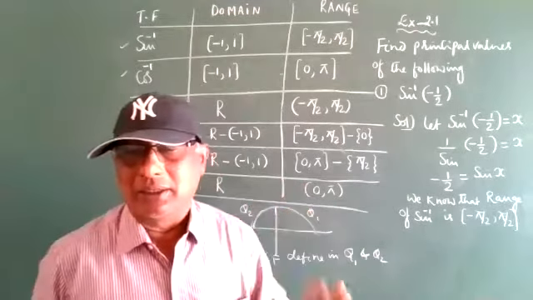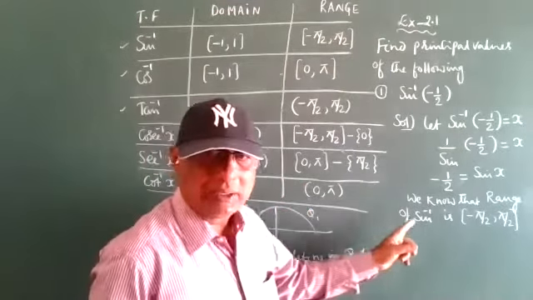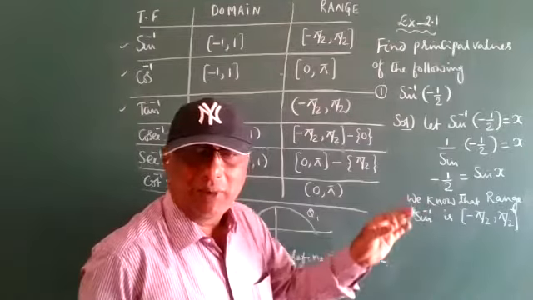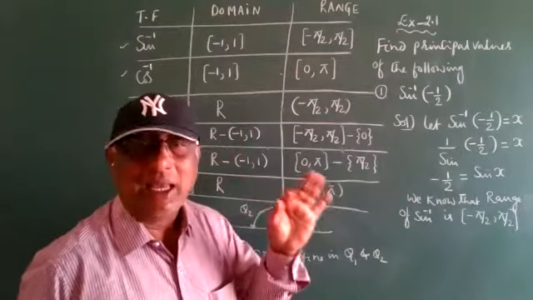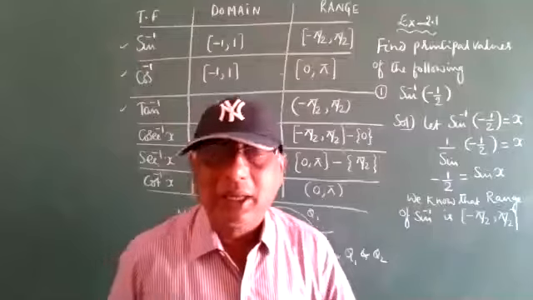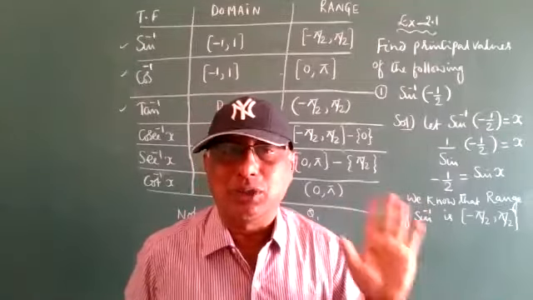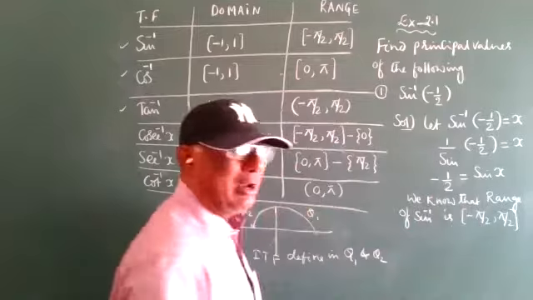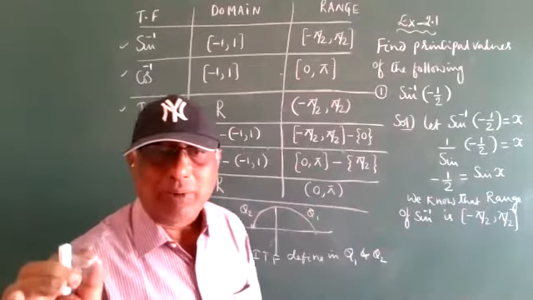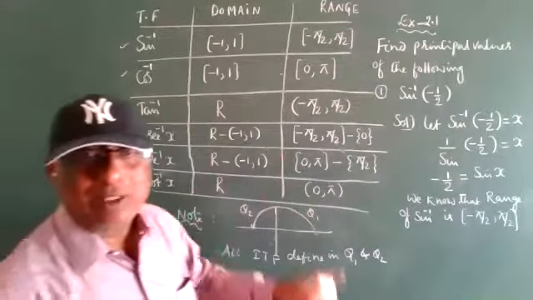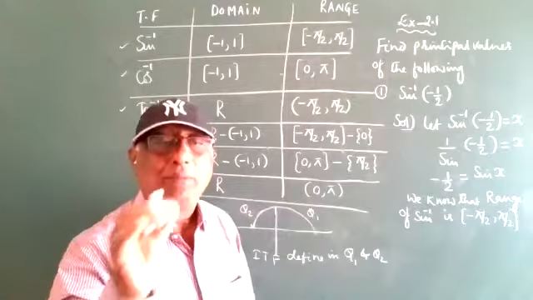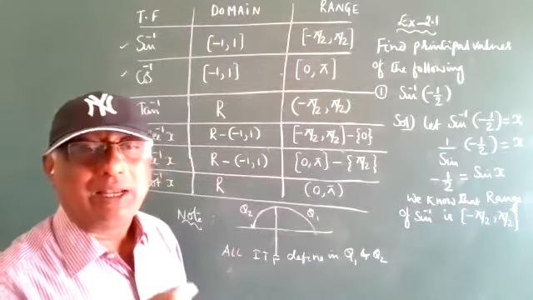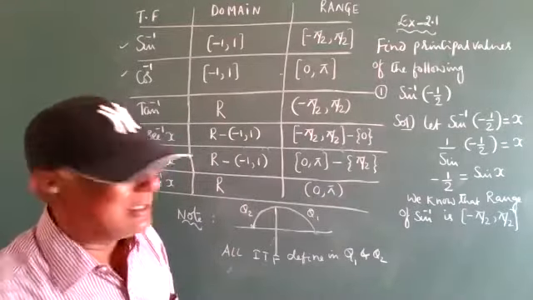See, the sine inverse range is minus 90 to plus 90, that is why we take negative and positive angles. For 1/2, the sine value is 30 degrees. Sine of minus 30 is minus sine 30 degrees.